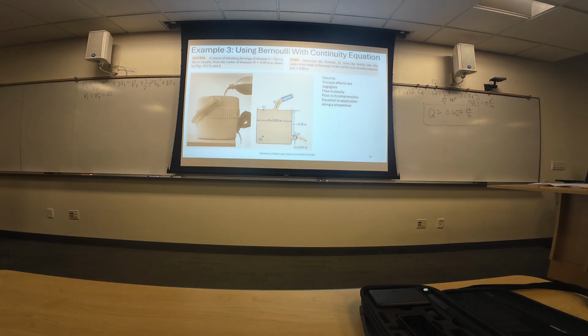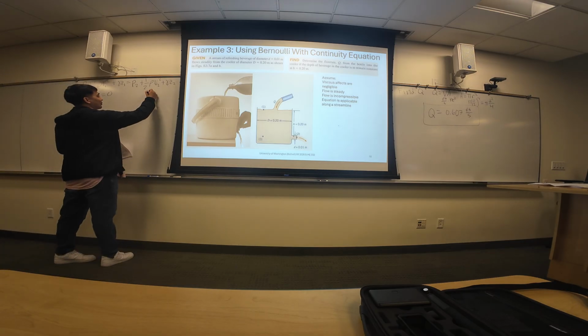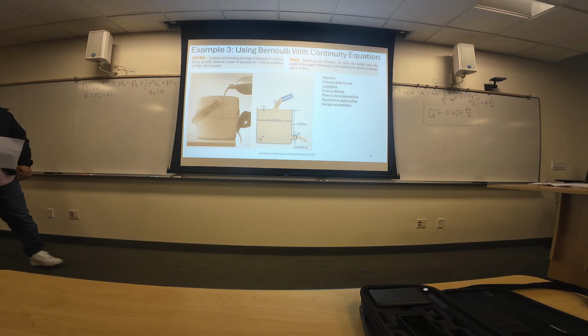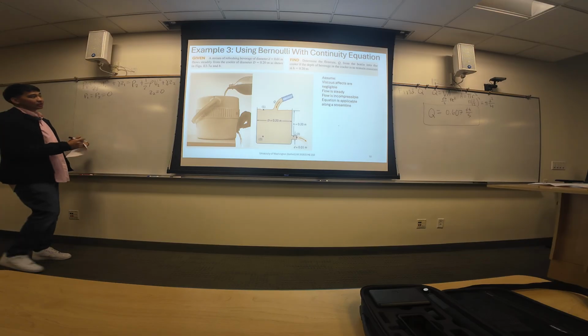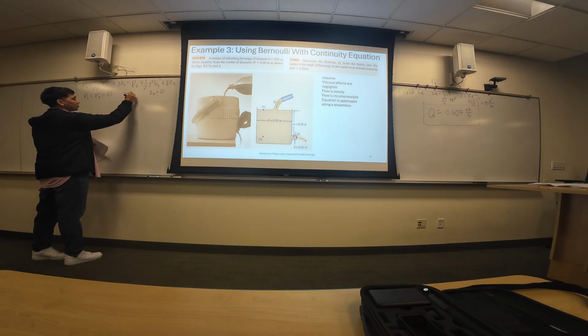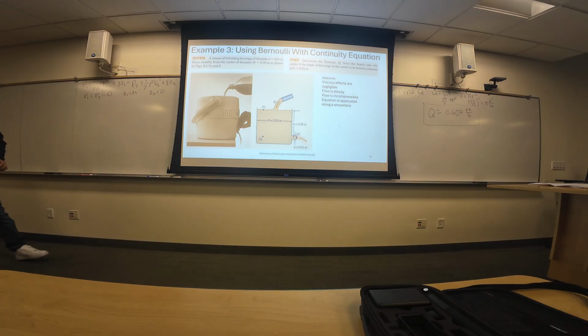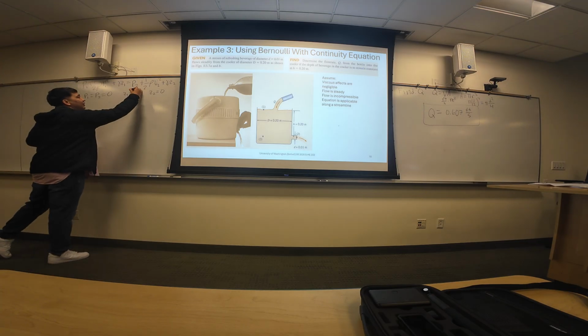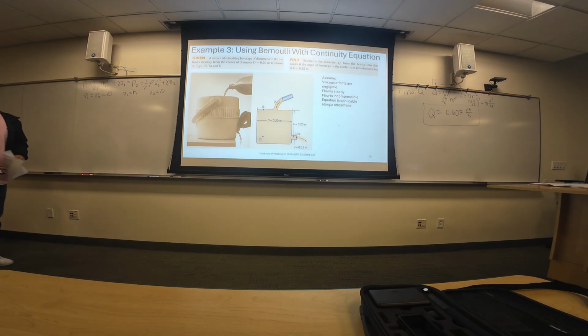Okay, so here we're going to set our datum now. I'm going to make my Z2 equal to 0, and then my Z1 is going to equal H. That way we don't have the confusion we had earlier.